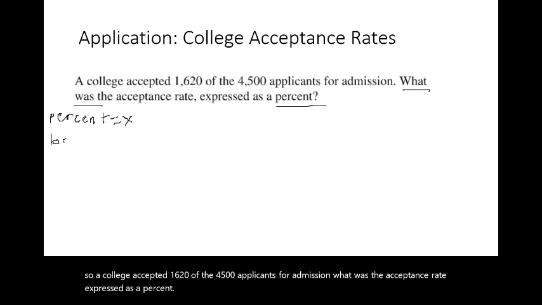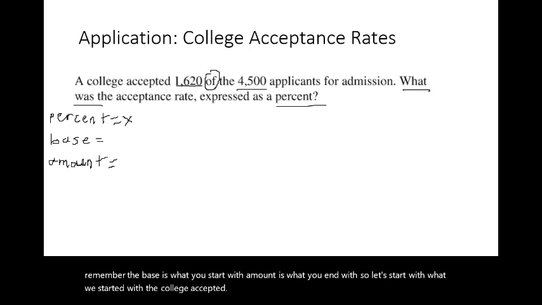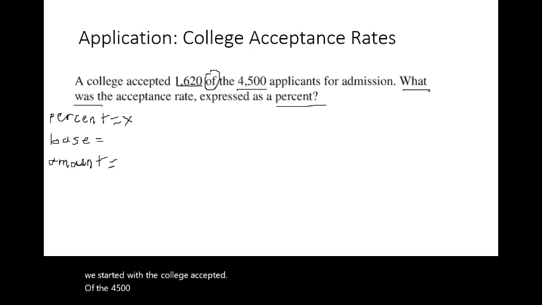That means we are going to be given both the base and the amount. Remember, the base is what you start with, amount is what you end with. So let's start with what we started with. The college accepted 1,620 of the 4,500 applicants. So 4,500 follows the word "of," so 4,500 is your base.